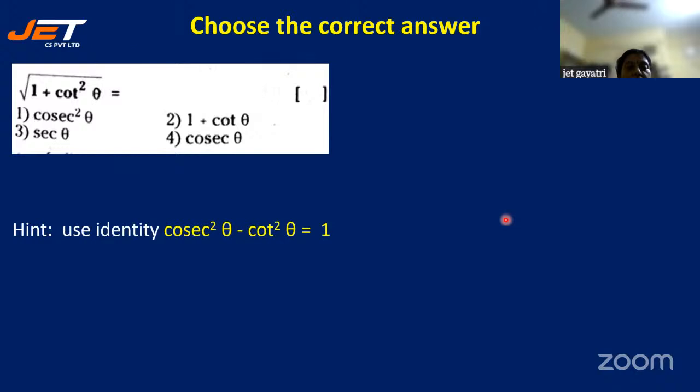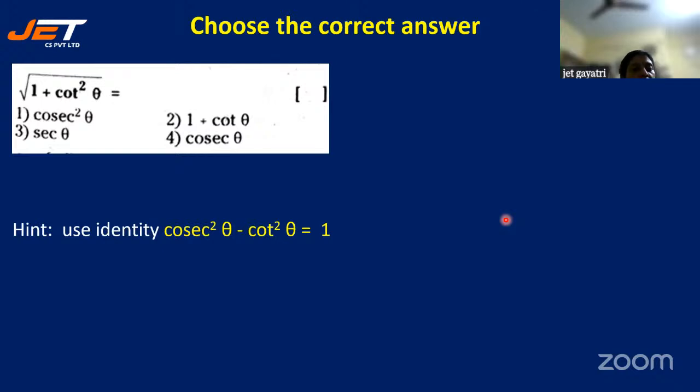All right, see the next question. This is also very interesting. So mostly if such a kind of problem comes, immediately you should think whether we can use an identity to find out the answer. The next question is root of 1 plus cot square theta.